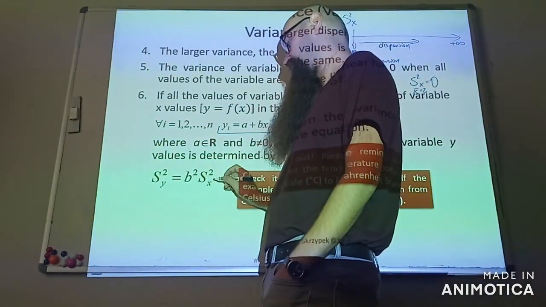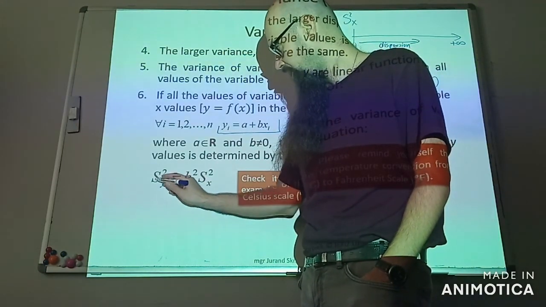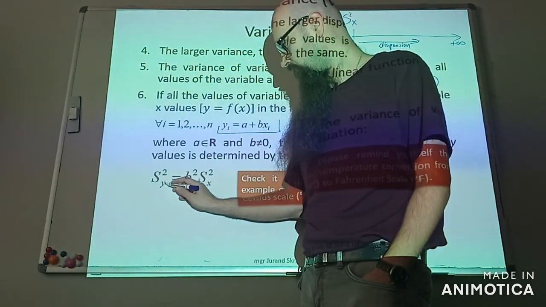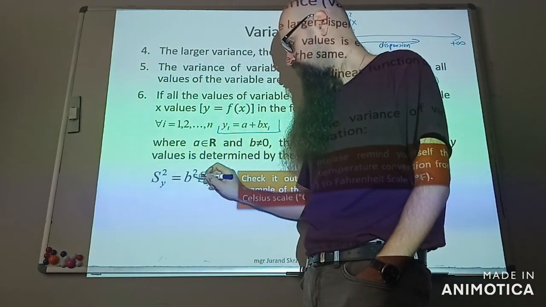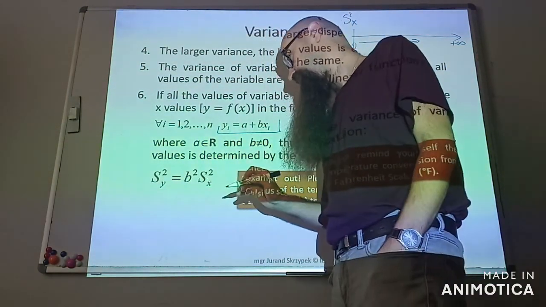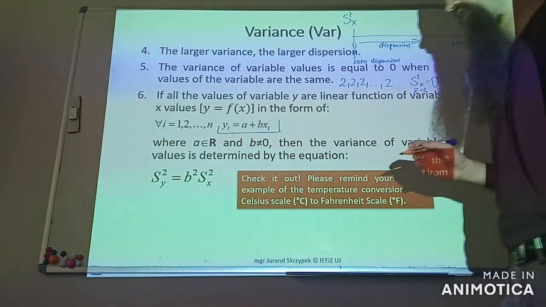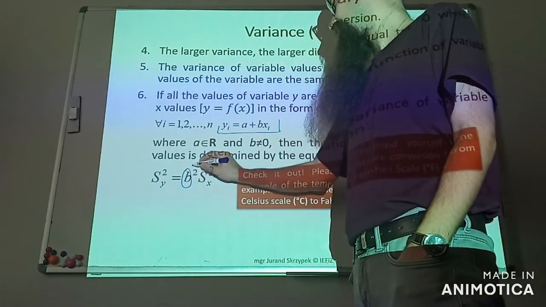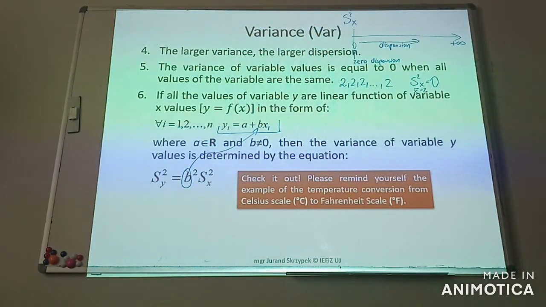If y is a linear function of x, then the variance of variable y values is equal to the squared b parameter multiplied by the variance of x values, where the b parameter is taken from the linear function.